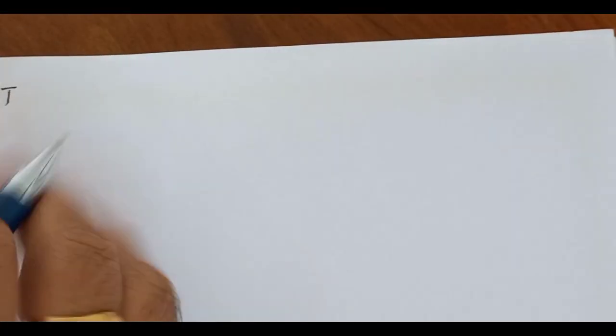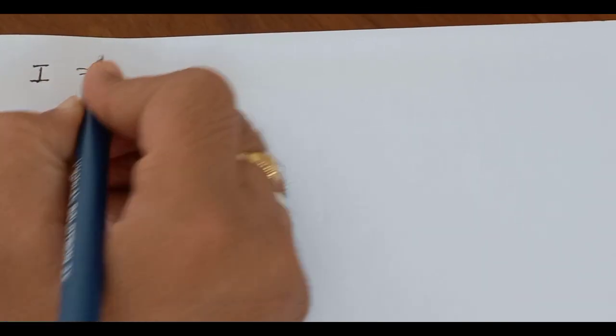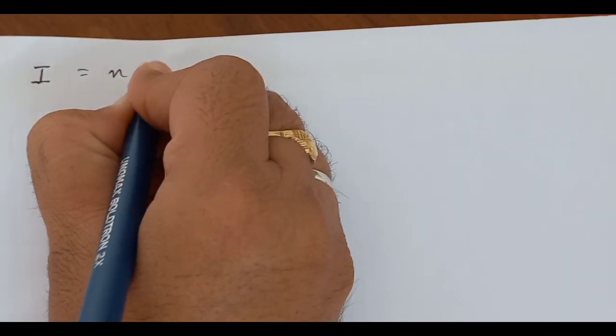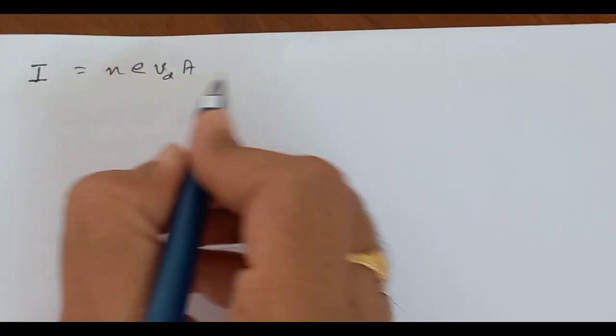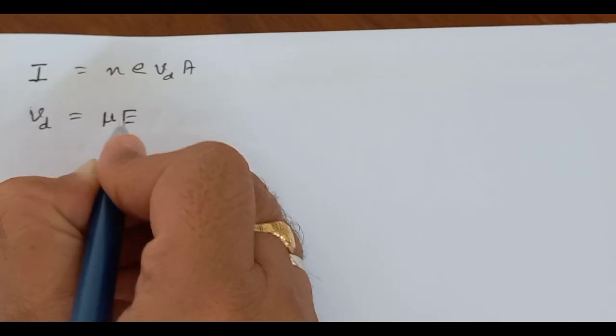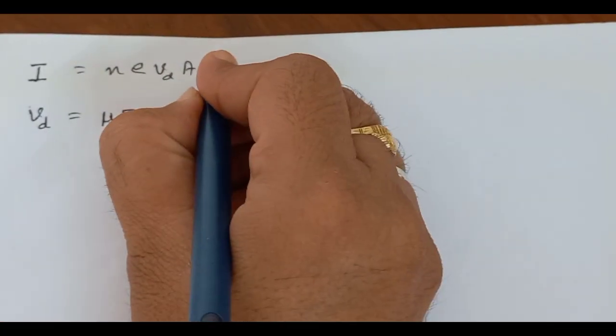Now we know the current I is equal to N E Vd into A, and Vd, the drift velocity, is equal to mu into E, where mu is the mobility, E is the electric field.